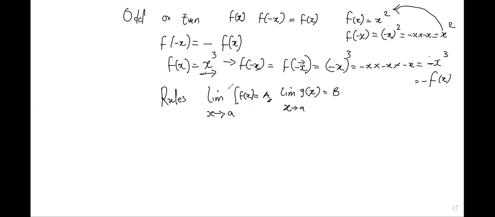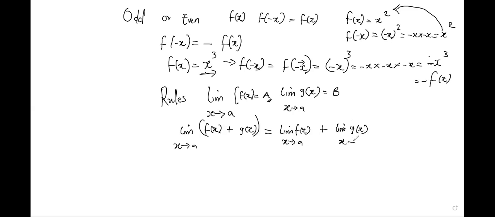So one of the rules is that if I take the limits individually and add them, the solution for the subtraction and the addition should be the same, which means if I take the limit of the function as it goes to a point, of this f of x plus g of x, this should be the same thing as if I am doing them individually: the limit of f of x as x tends to a plus the limit of g of x as x tends to a.